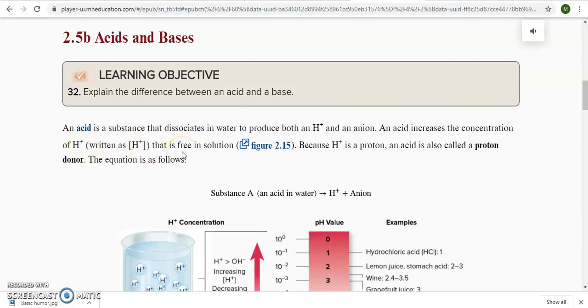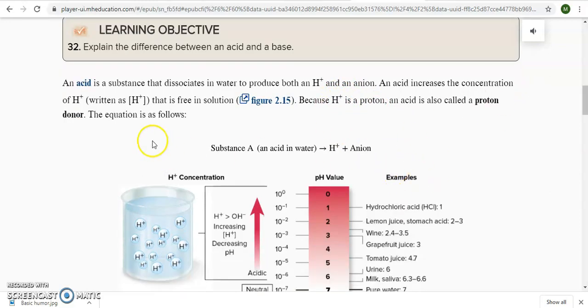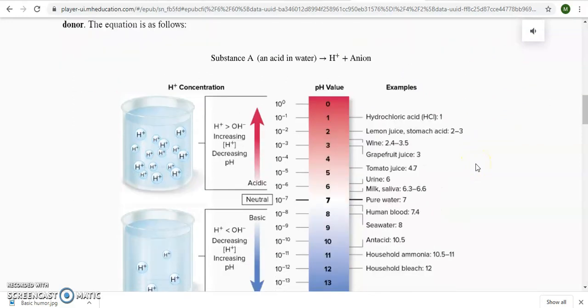They have to be free and by themselves in order to have an effect on the acidity or pH of the solution. Because hydrogen is a proton, it doesn't have an electron, they call it a proton donor. It's donating hydrogen ions to the solution.